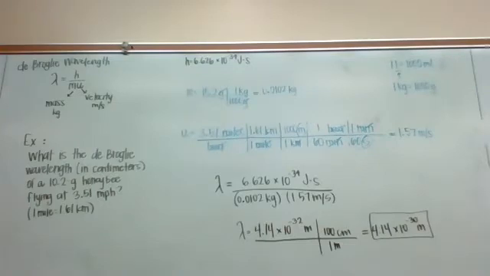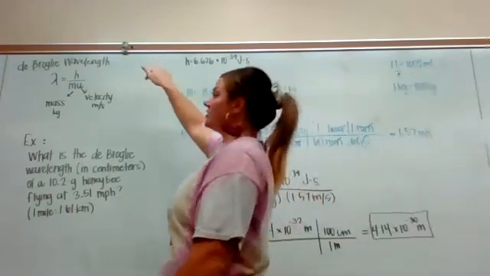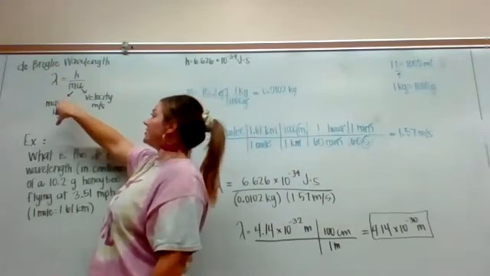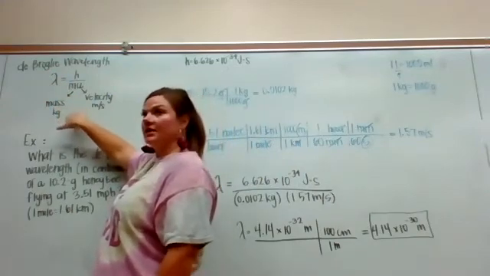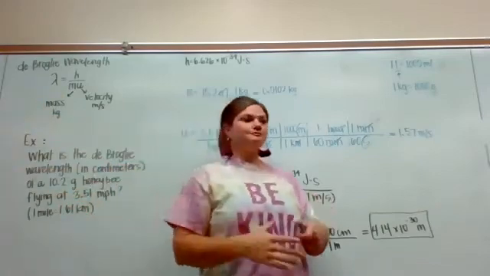So chapter 2, basically, we had to learn about waves because we now know that electrons can behave like a particle and a wave. This equation is the only equation that relates the particle nature, so the mass and the velocity, and the wave nature of matter.